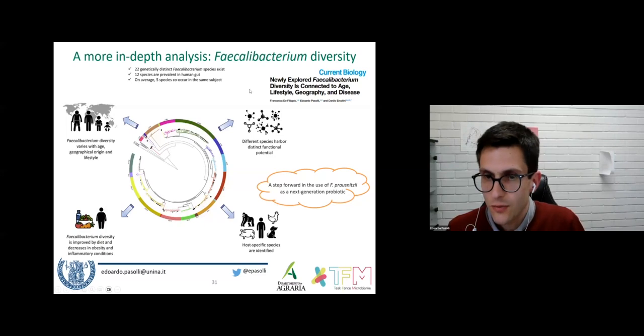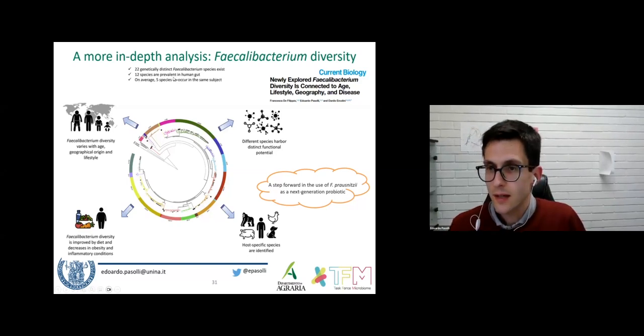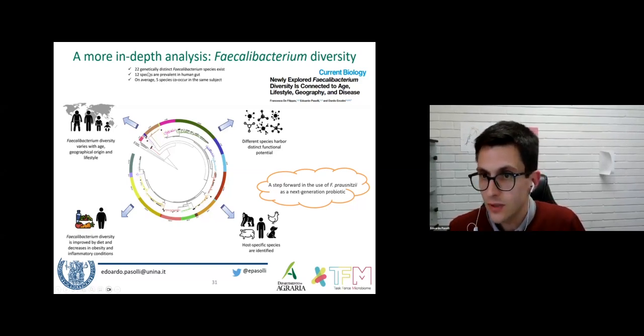This was the case, for example, of Faecalibacterium. In this case, using thousands of different MAGs and isolated genomes of Faecalibacterium, we identified 22 genetically distant Faecalibacterium species, with 12 species that are prevalent in the human gut, and we found that on average we can have 5 species that occur in the same subject.